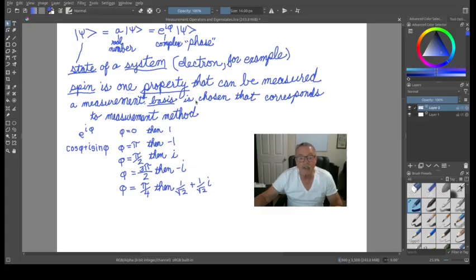Or it could be x-axis, aligned x-axis or non-aligned x-axis. Or we could even do y-axis, aligned y-axis or non-aligned y-axis. Those would be different basis vectors that we choose for that. The state of a system has certain vectors that determine the state, those basis vectors.